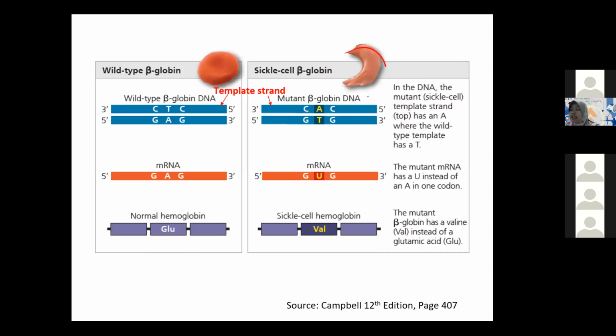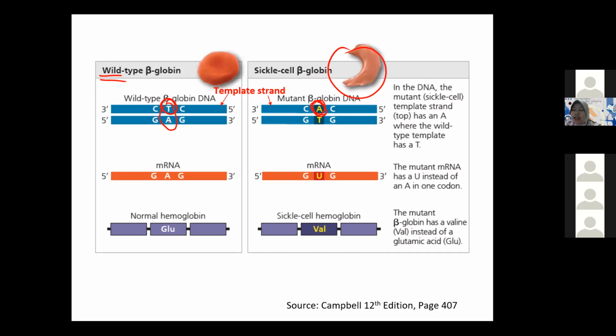Okay, so let's see this one. So this is sickle cell hemoglobin. You can see here, this is the normal hemoglobin sequence. You can see T is changed into A of the template strand. So T is substituted into A. So what happened?